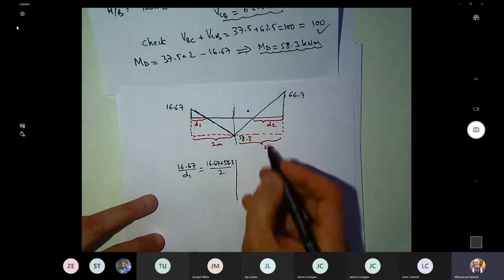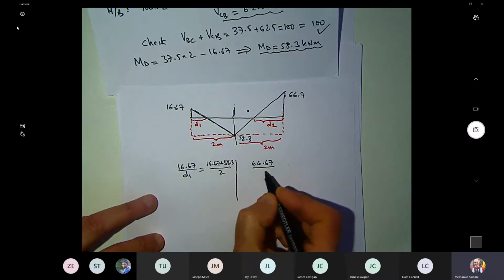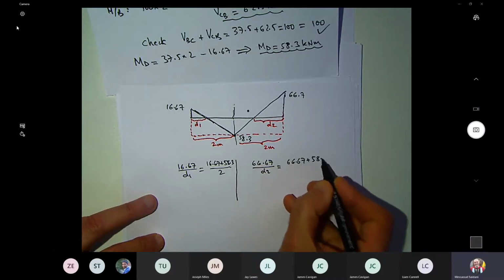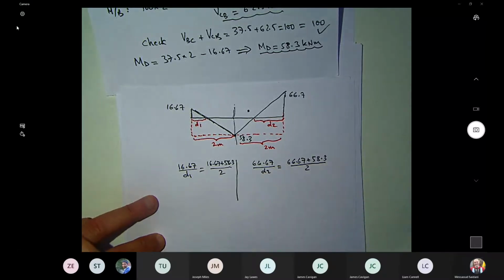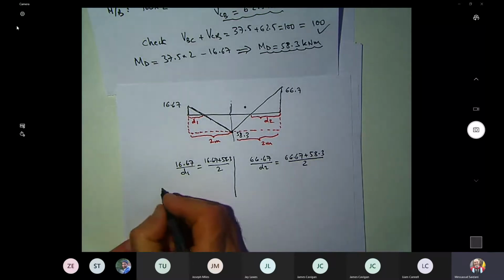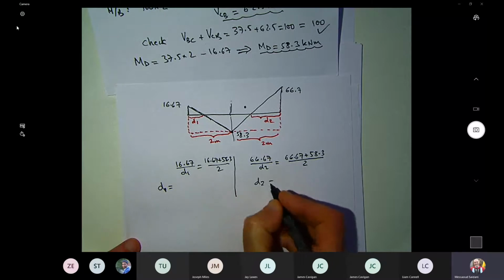And then on the right here, I have 66.67 over D2 is equal to 66.67 plus 58.3 over 2. And that's it. So if you get me D1 from this side, please, and you get me D2 from this side.